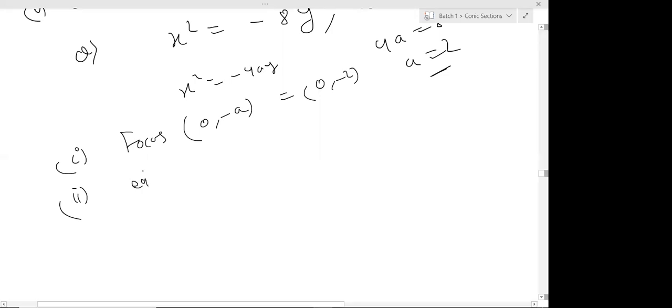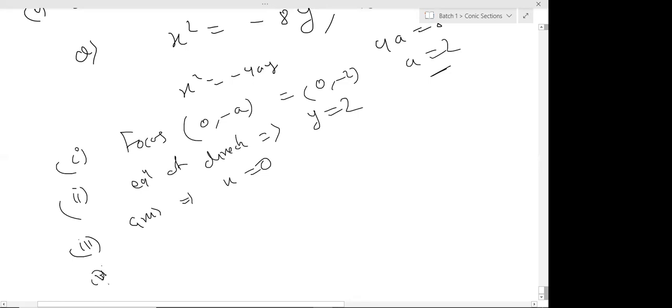Equation of directrix is y equals 2, axis is x equals 0, vertex 0 comma 0, length of LR is 4a, that means 8.